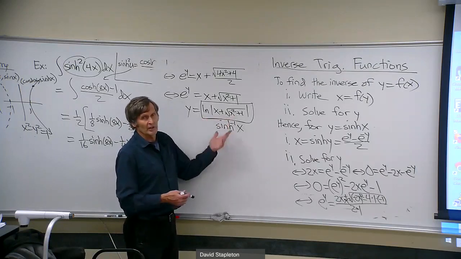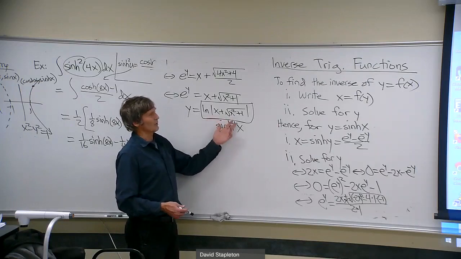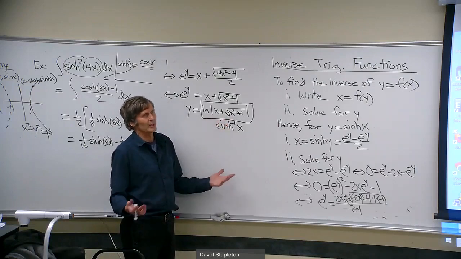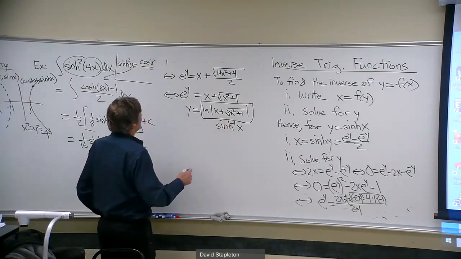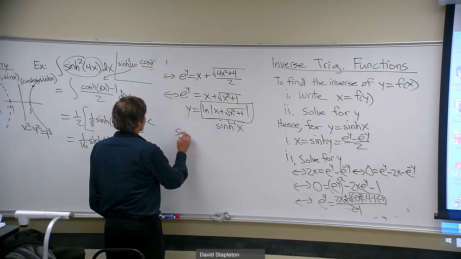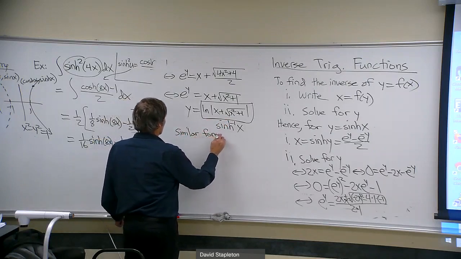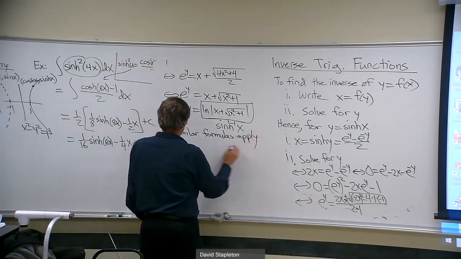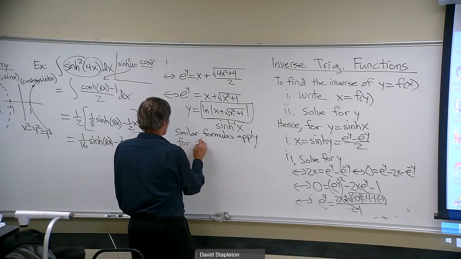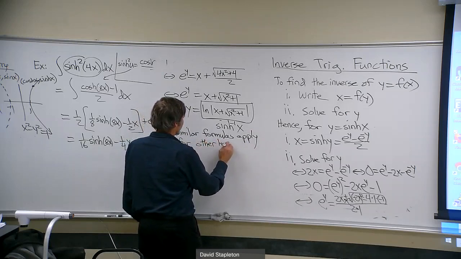It turns out all these hyperbolic trig function inverses are just logarithms and square roots, and so they're nothing new either. Why do we need them? It's partly to speed up our process now, because now we'll just say similar formulas apply for other hyperbolic functions' inverses.